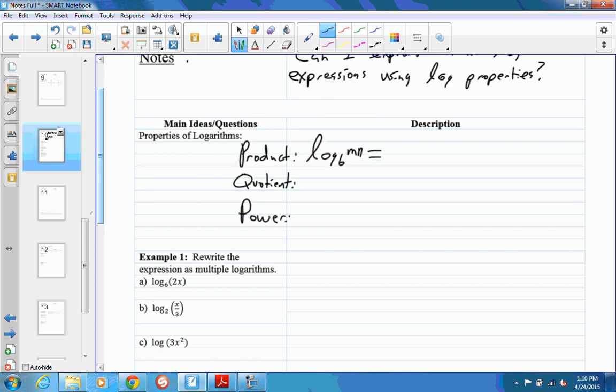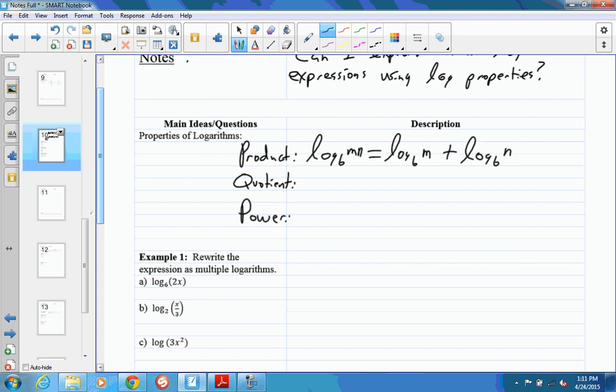It is equal to log base b of m plus log base b of n.